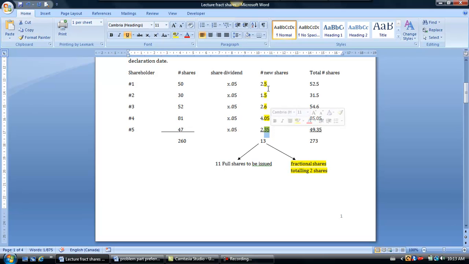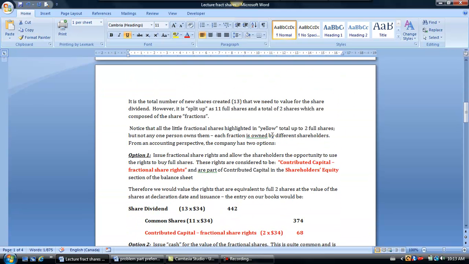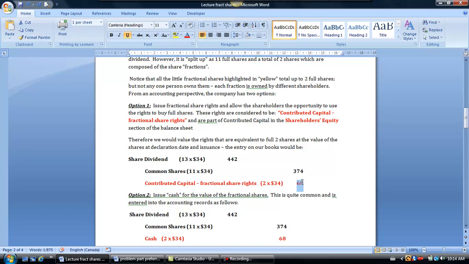So each of these guys, if you added up all those fractions and equated them into dollars, you would see that that totals 68. So you can try doing that yourself and make sure that that works out for you.